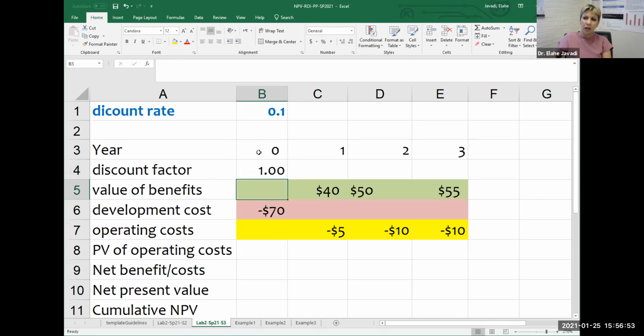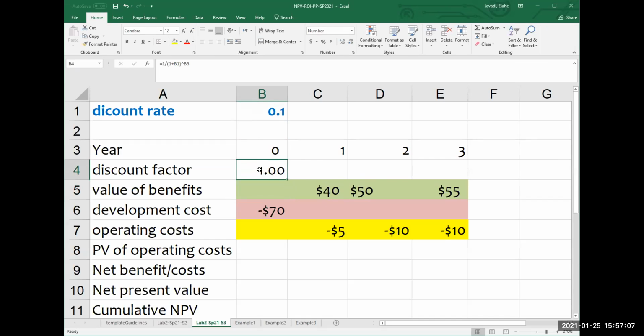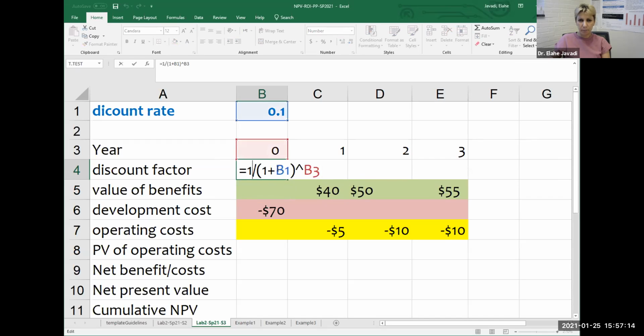Enter. Now in Excel, if you're familiar with it or if it's new, you can drag the bottom right of your cell, apply formula to the upcoming cells. But we have to change something in the formula before we drag it. Double click B1. So B1 is the discount rate.